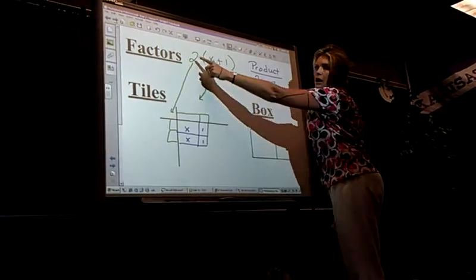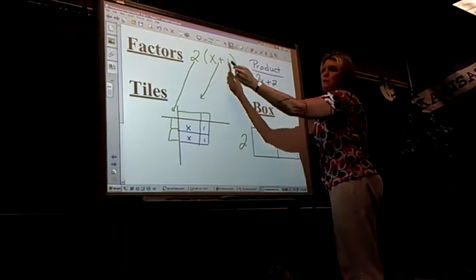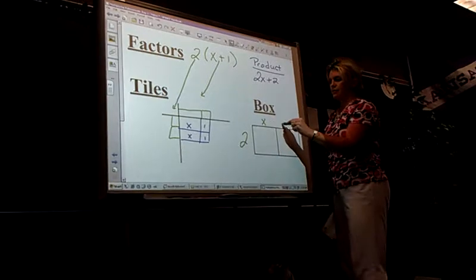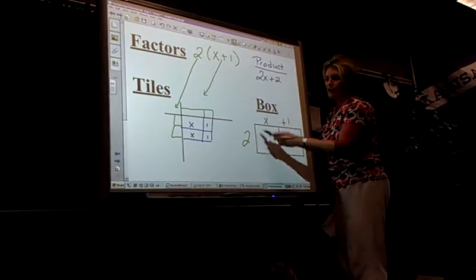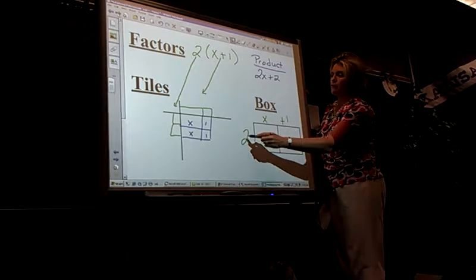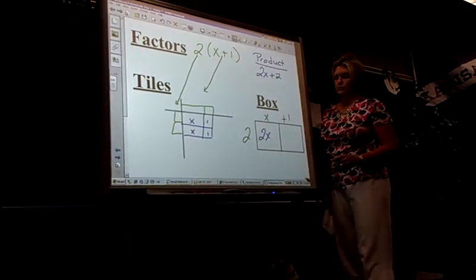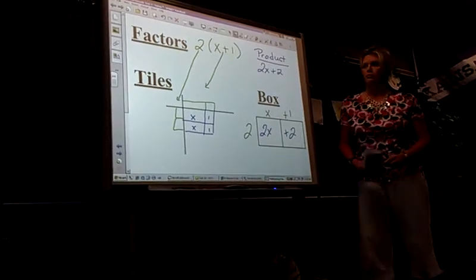Well, the 2, I have a monomial. The 2 goes right there. This is a binomial. There are 2 terms. So I'm going to put the x and the plus 1 right here. So now to fill in the box, I have 2 times x, 2x, 2 times 1, plus 2.